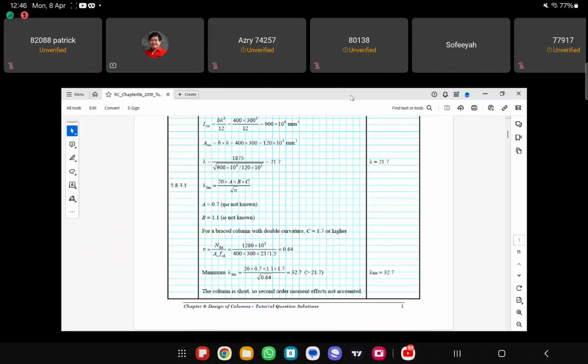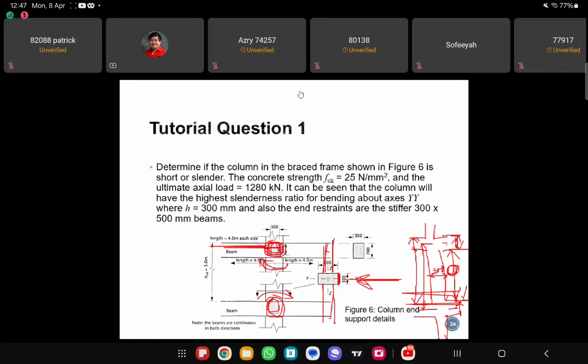Excuse me, sir. How do we determine it's a double curvature column? Double curvature, if you have a moment on the top like this, okay, and then the bottom one, the moment is like this. Sorry, sir, we cannot see your drawing. Let me share. Okay, can you see it now?